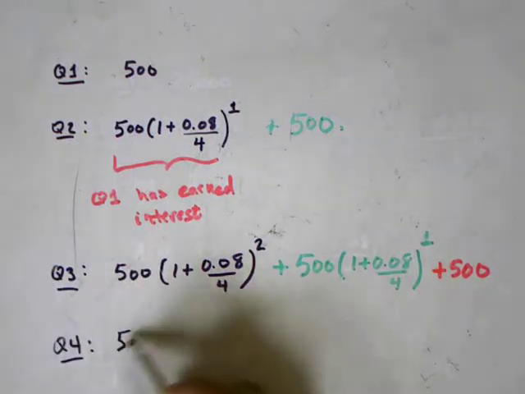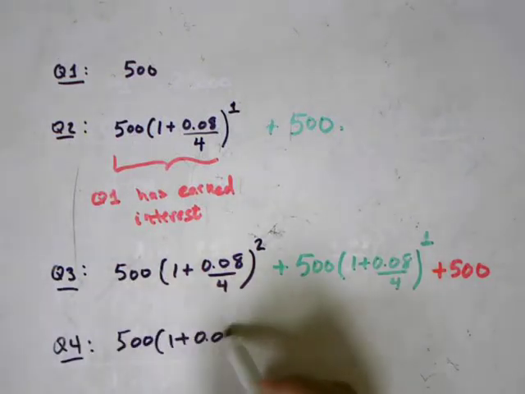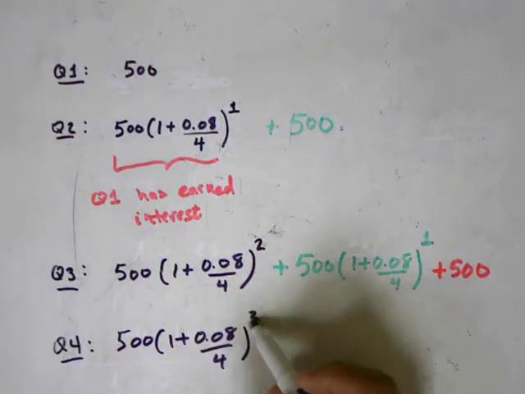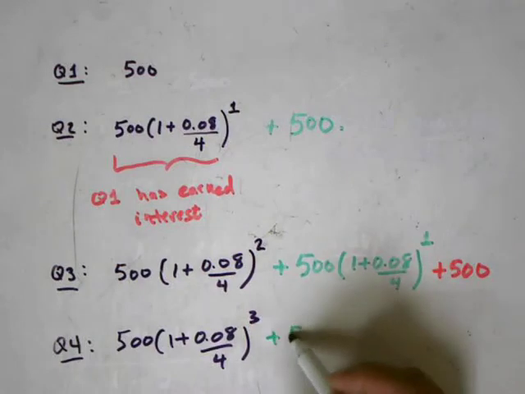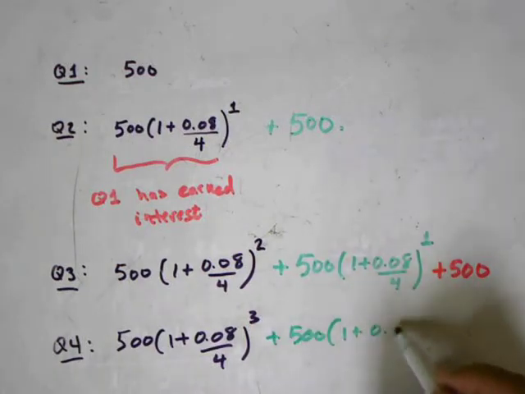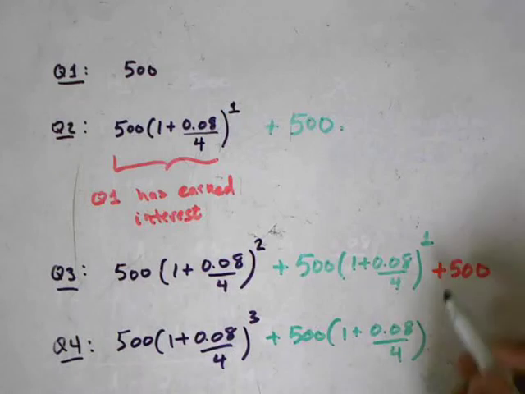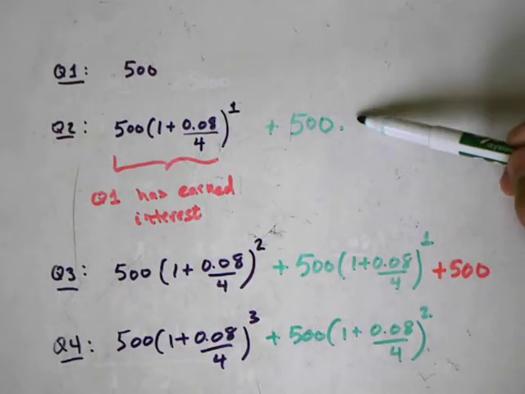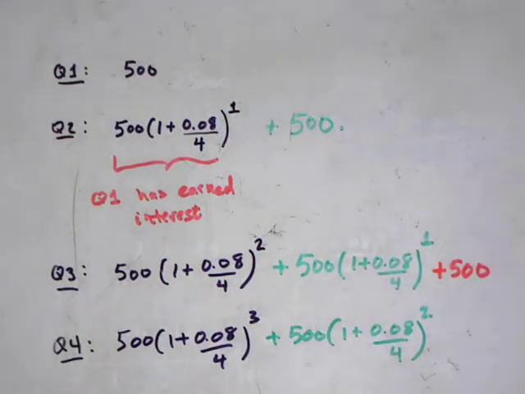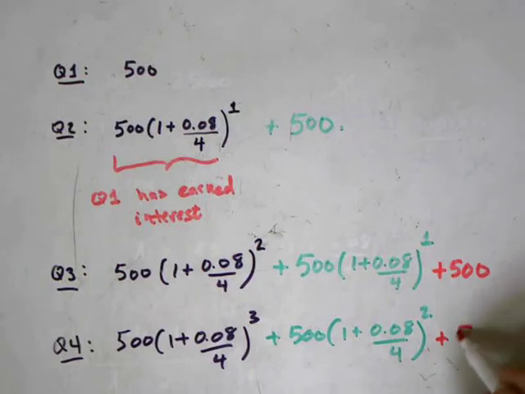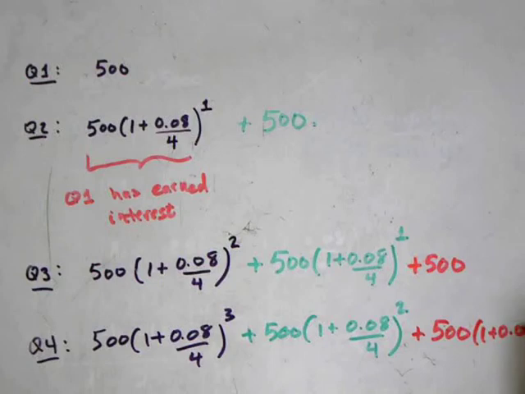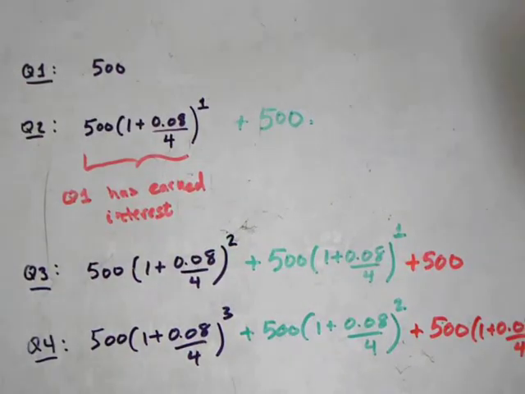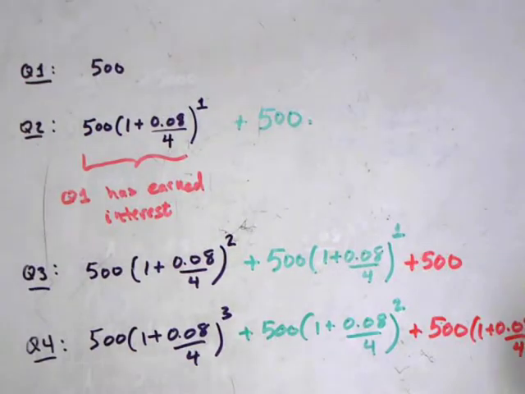So at quarter four, the first amount becomes 500 times 1 plus 0.08 over 4 to the third, because it's been here for 3 quarters now. The amount in green becomes 500 times 1 plus 0.08 over 4 to the second, because it's been in here since quarter two, 2 quarters now. The one in red, the third quarter investment, has been in here long enough to earn a little bit of interest.